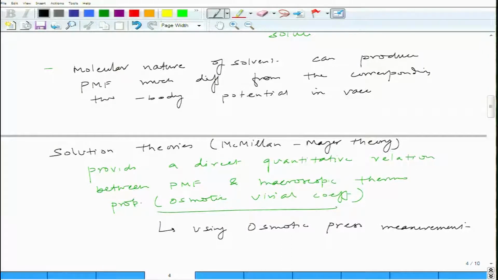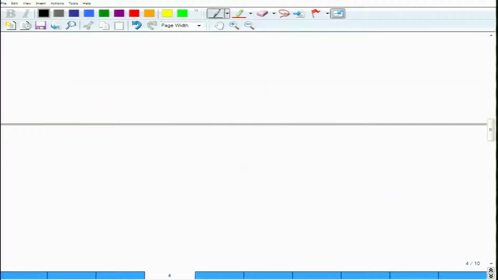So, now what I am going to do is describe this osmotic pressure, which is extremely useful for large molecules to evaluate their molecular weight and so forth. We will come to that very soon. So, what is this osmotic pressure?